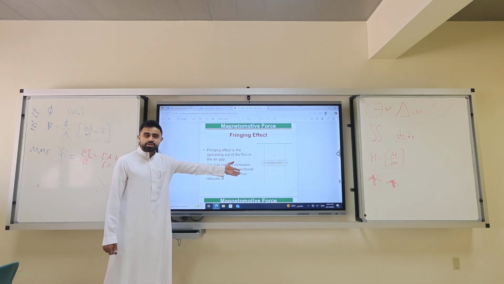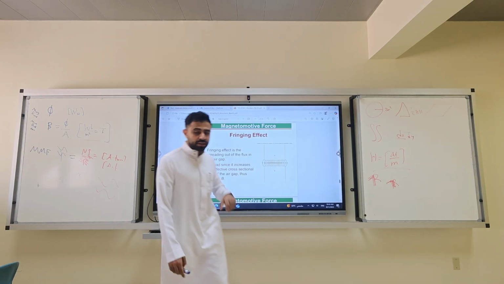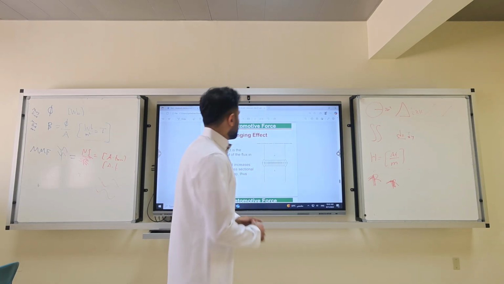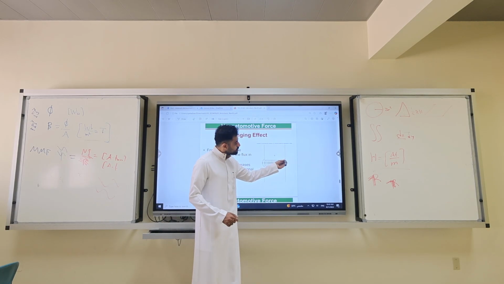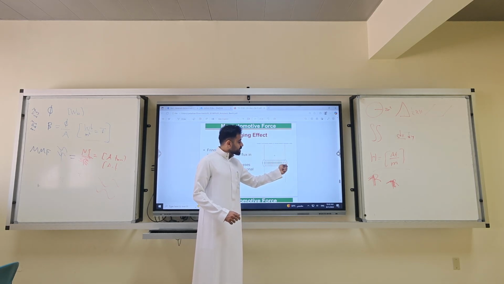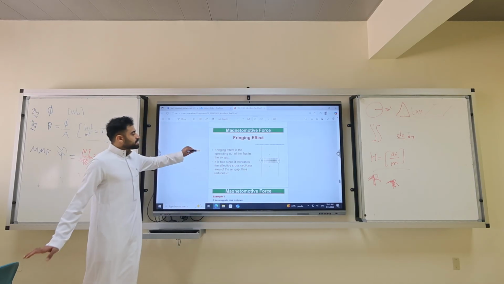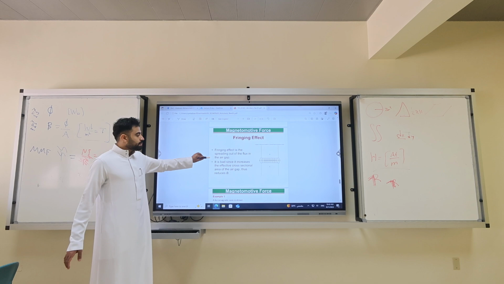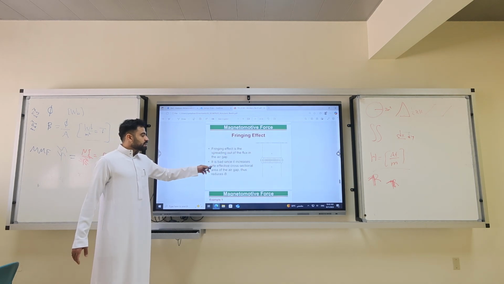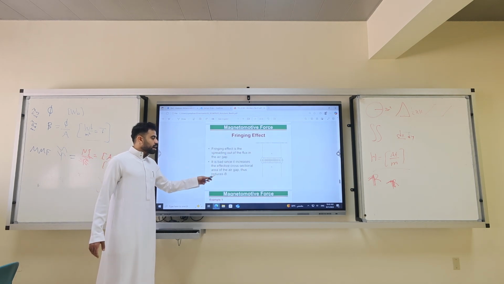You got it now, fringing? It says that flux lines sometimes leave and come back, and this implies the flux density here is not equal to here. So fringing effect is spreading of flux in the air gap. It is bad since it increases the effective cross-sectional area of the air gap.